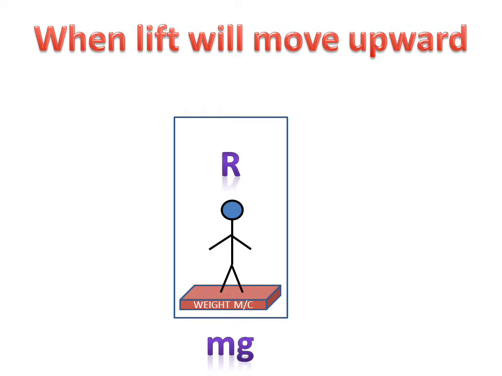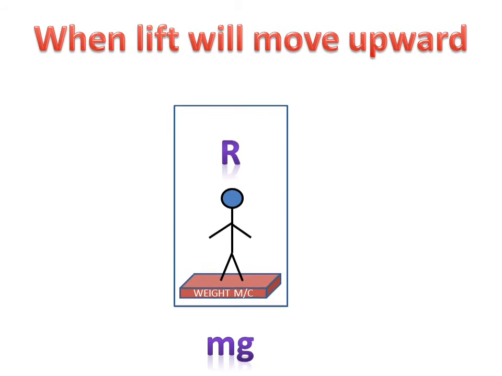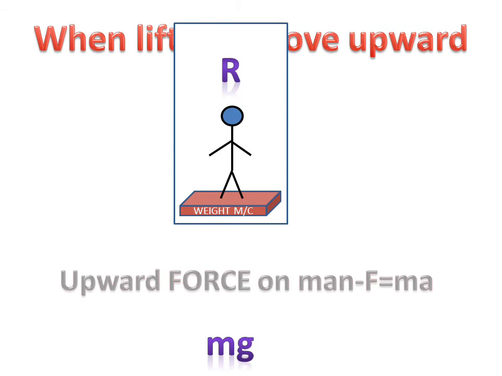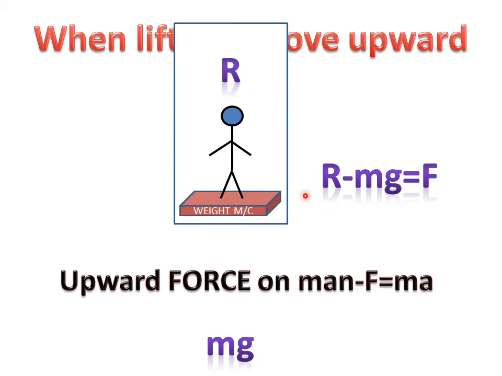when the lift is moving upward, what will happen? The lift will move upward, then the upward force on the man will be F equal to ma. Then R will be greater than mg because the lift is moving upward.